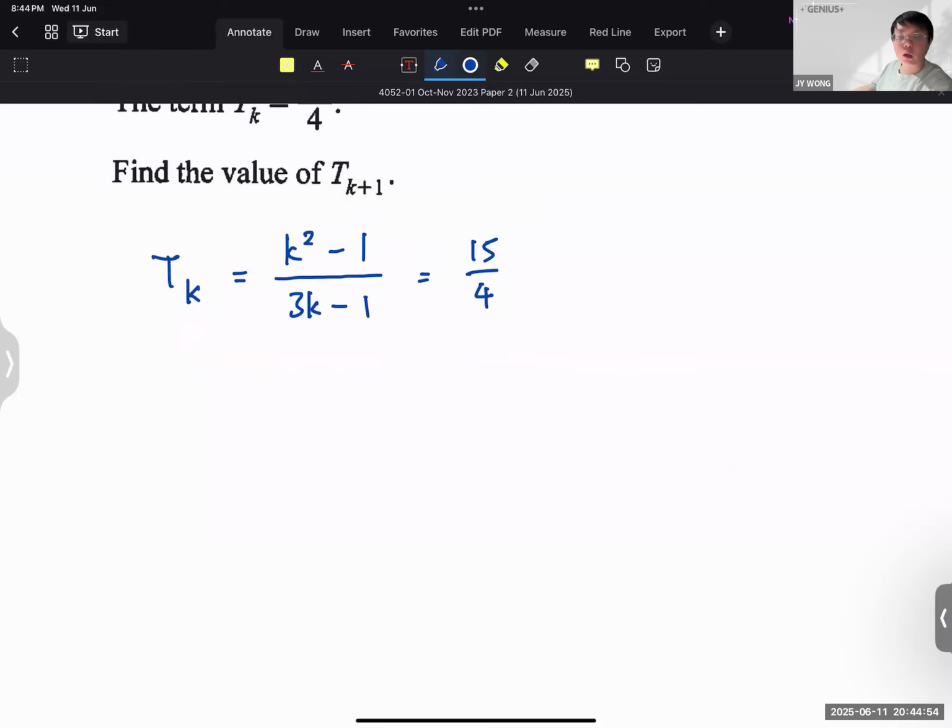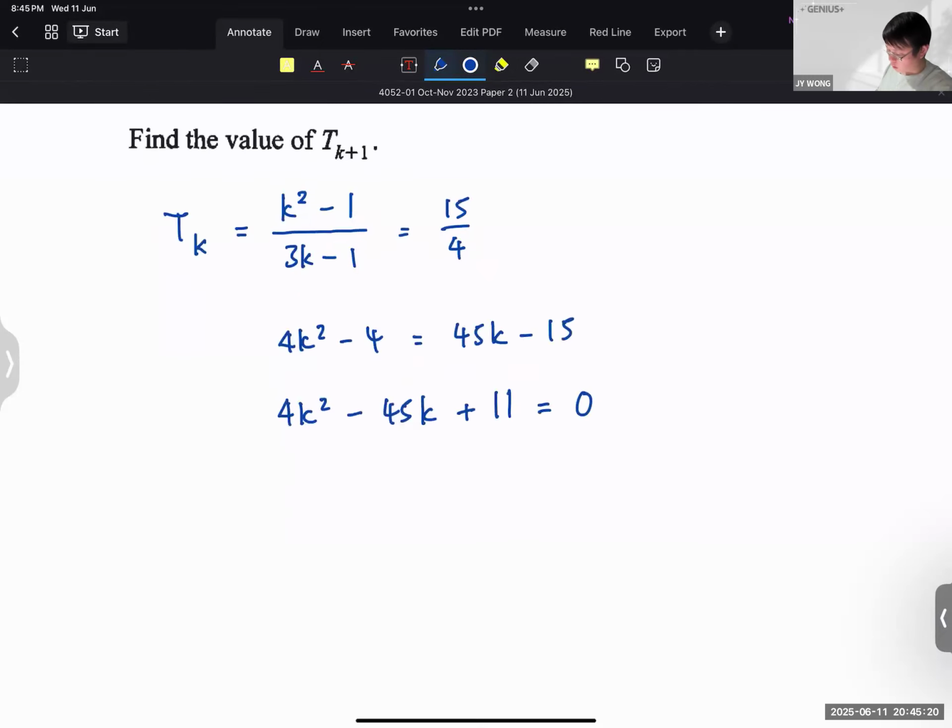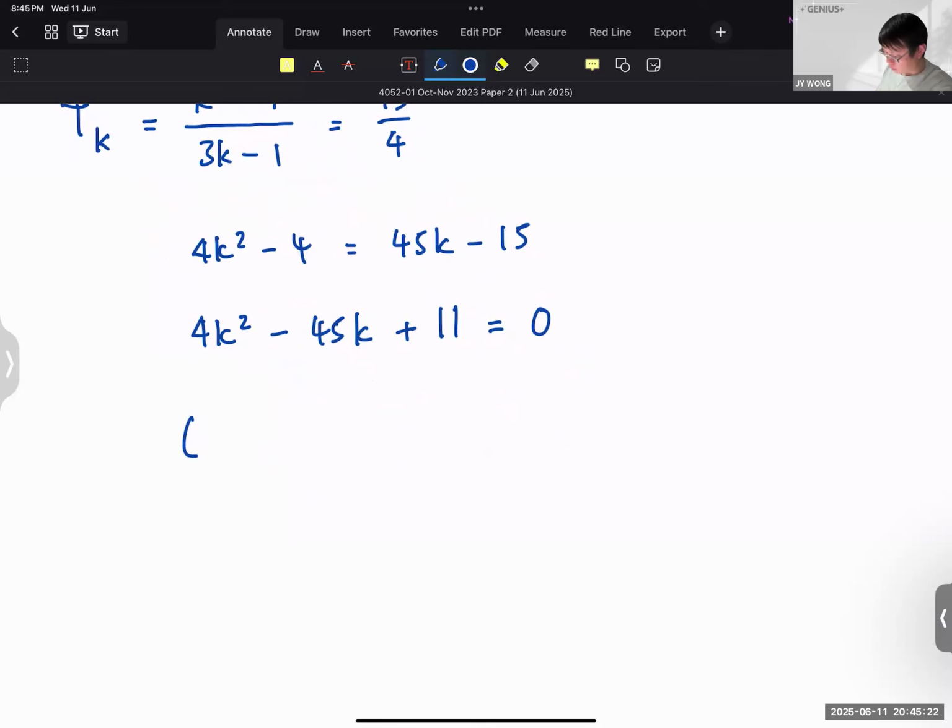Right? From here, very straightforward. I just cross multiply only what? 4k squared minus 4 is equal to 15 times 3 is 45k minus 15. Simplify this, 4k squared minus 45k plus 11 equals to 0. From here, you should be able to factorize this.